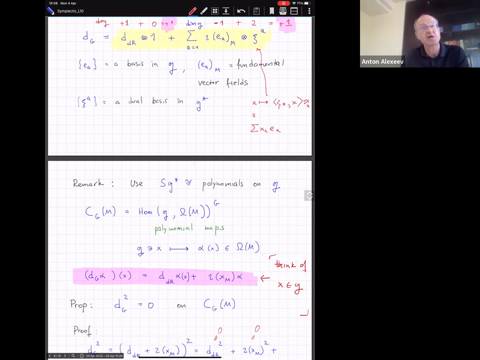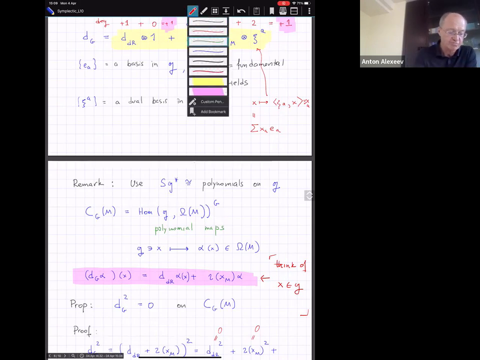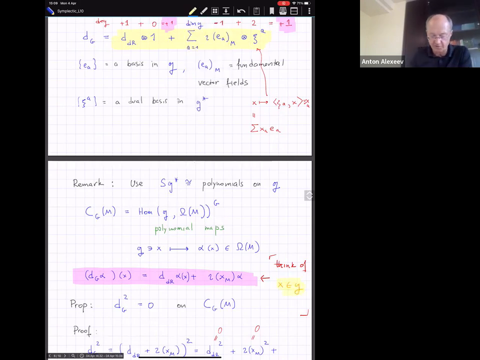But if now I decide to take evaluation at some point x in G, it becomes an operator of degree minus 1. So now my degrees are completely off. There is only a Z2 degree, even or odd. However, it turns out that that's what we like in applications.